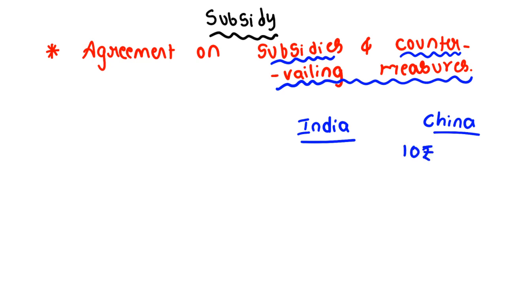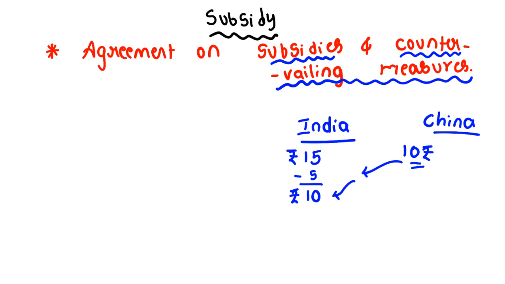The same product's price in India is somewhere around 15 rupees. So people are encouraged to import this cheap Chinese product, as it is available at the price of 10 only. In the same way, the Government of India provides a 5 rupee subsidy so that the product can compete with the Chinese product. Are you getting it?